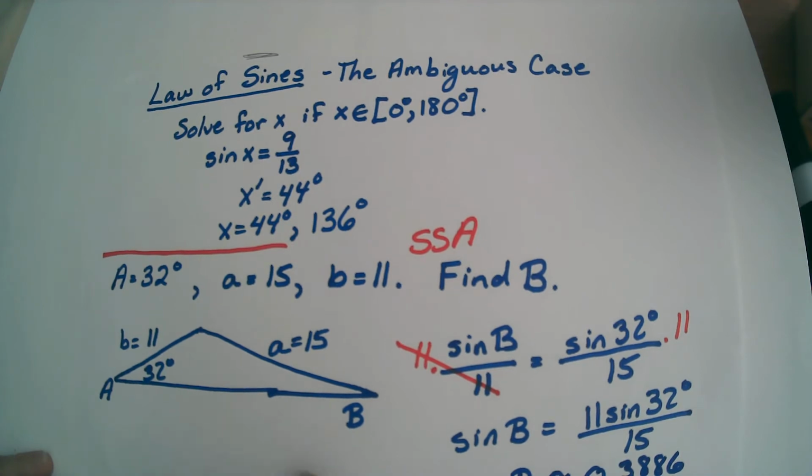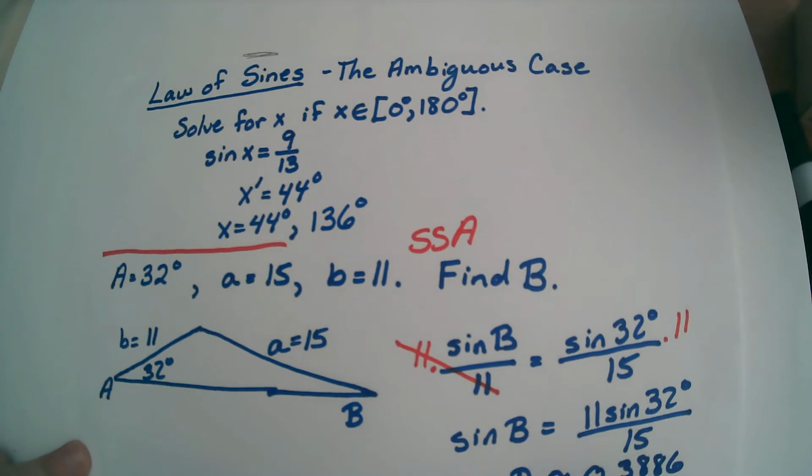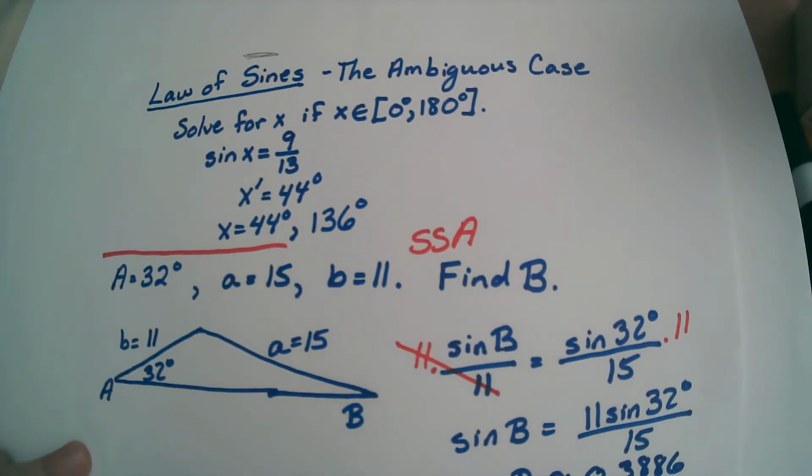And remember, there will be two solutions between 0 degrees and 180 degrees, those angles that could pop up in a triangle. So when we do the inverse sine of this ratio, we find that B is approximately 23 degrees. I'm just going to the nearest whole degree for simplicity. You could give more decimal places if you needed to.